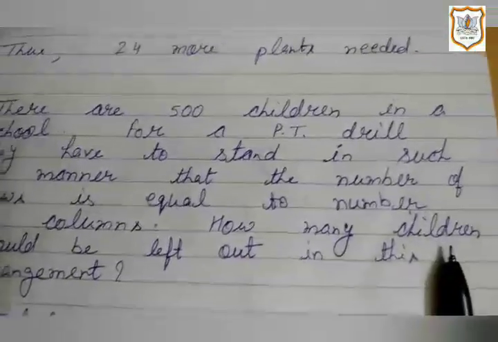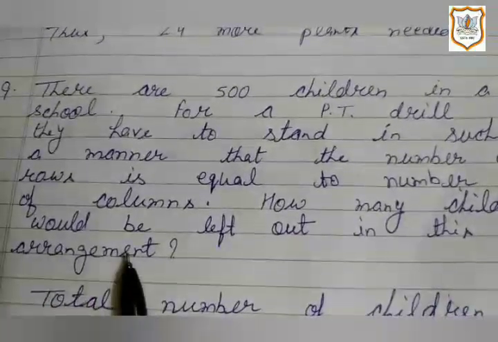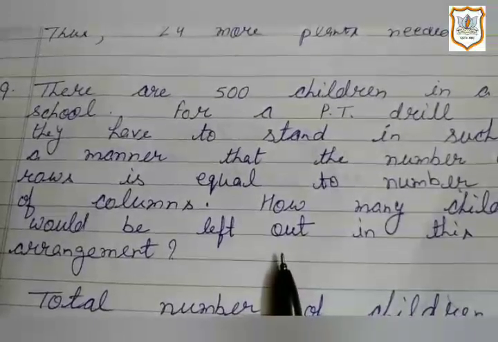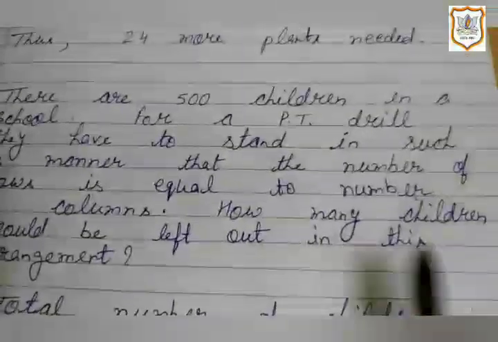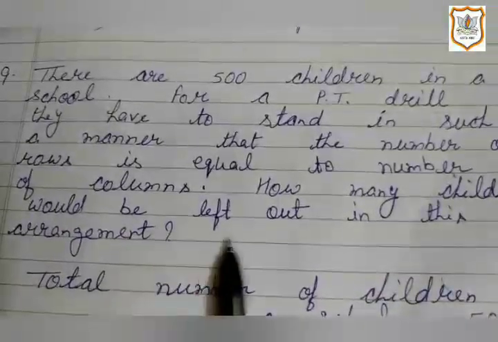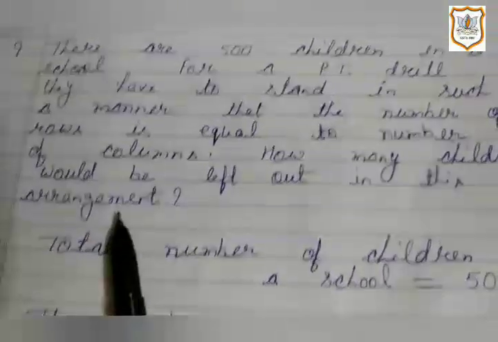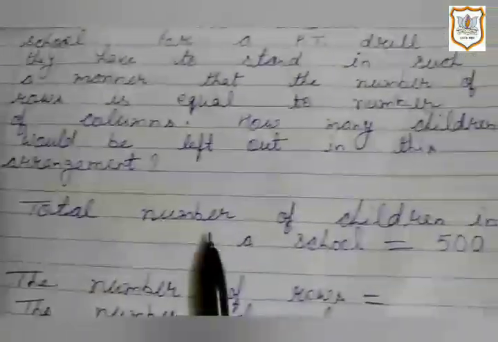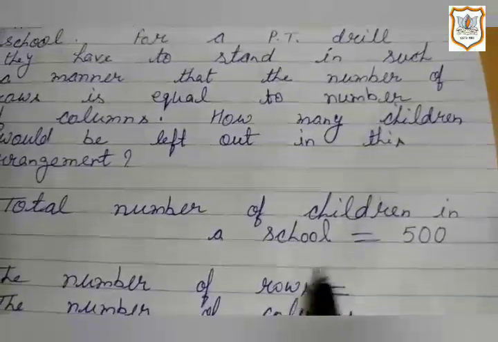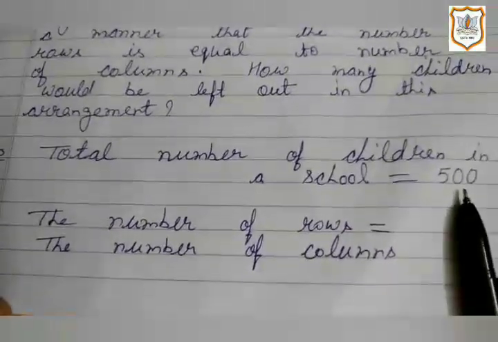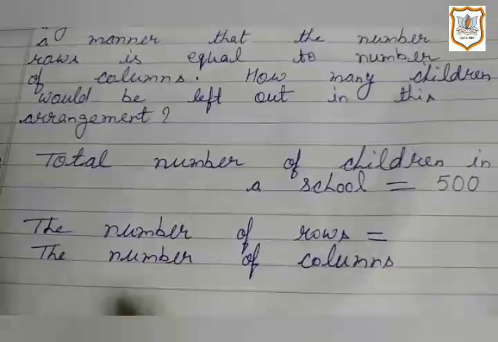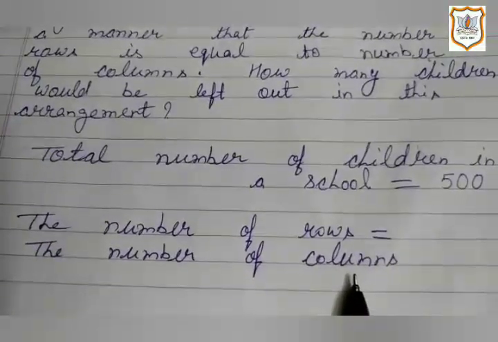How many children would be left out? Clear? How many children would be left out in this arrangement? Total number of children in a school is 500 and number of rows and number of columns is same.